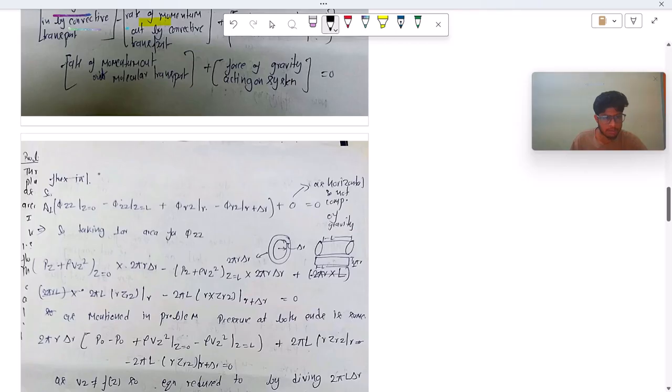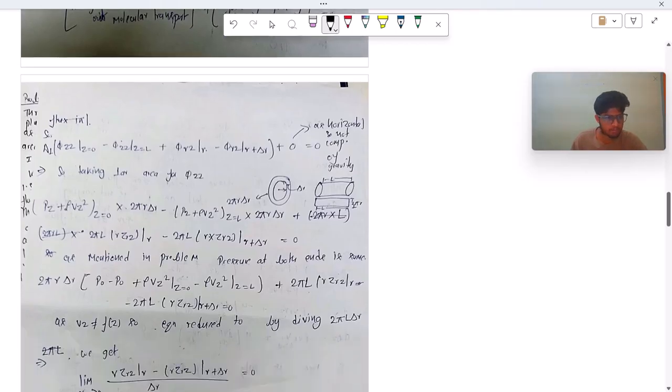So writing the balance for this small thickness dr of the cylinder, we have the φzz component in at z equal to 0, acting in this direction. We take the area perpendicular to φzz, minus φzz at z equal to L, which means φzz enters from here and leaves from there.